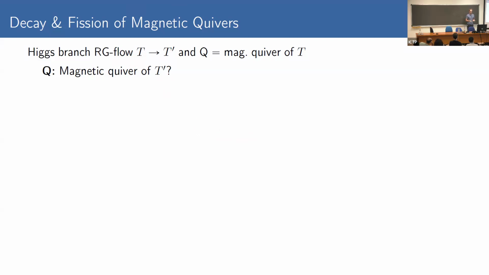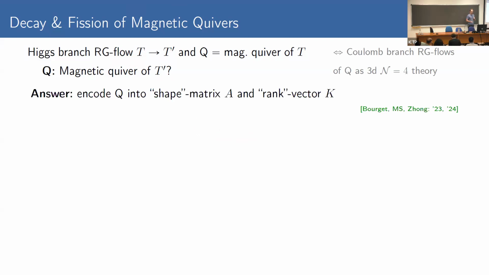If you just live in 3 dimensions, you can also ask the same question, what are the Coulomb branch Higgsings of this 3D N=4 auxiliary theory? And the answer that we have provided with Antoine and Zhenghao is that we really just use the quiver as a graph. So we just encode the information in its adjacency or shape matrix and the rank vector.